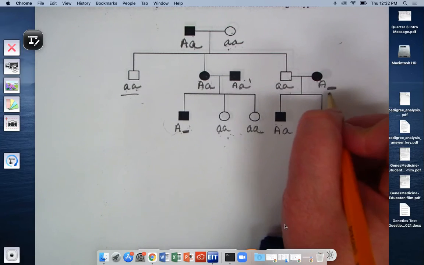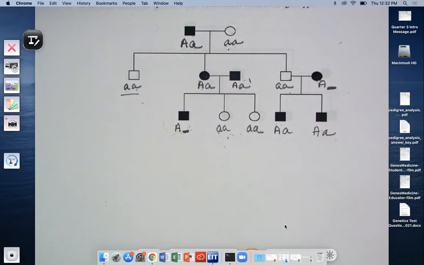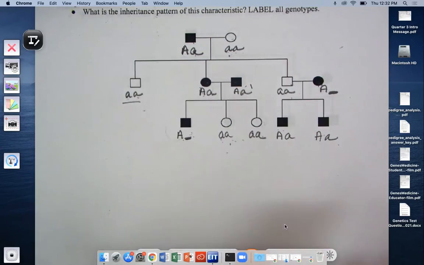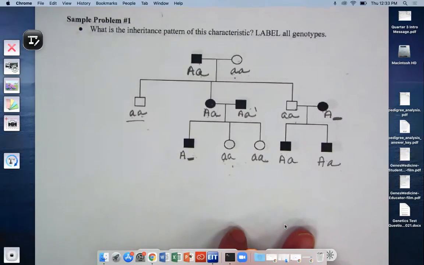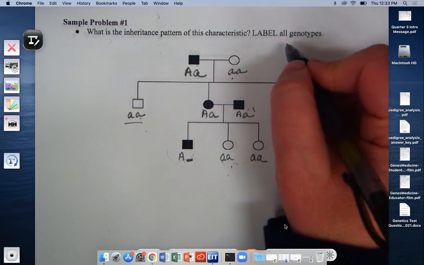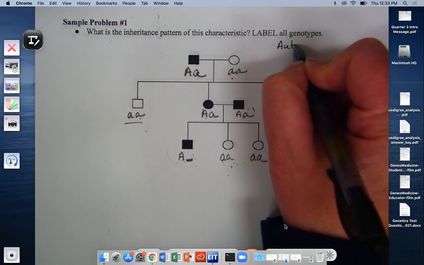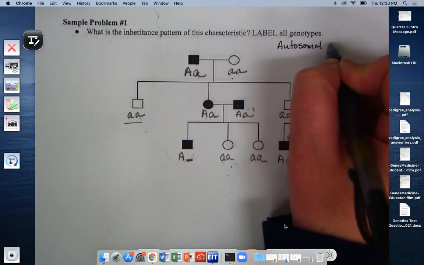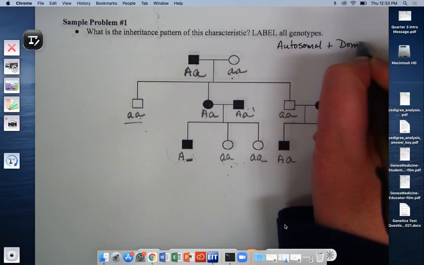So this parent, we don't know either. And so that is the proper answer. This is for sample problem 1. In sample problem 1, we decided that this was autosomal and dominant.